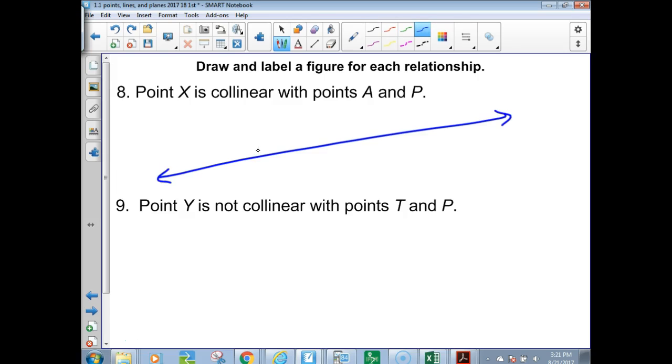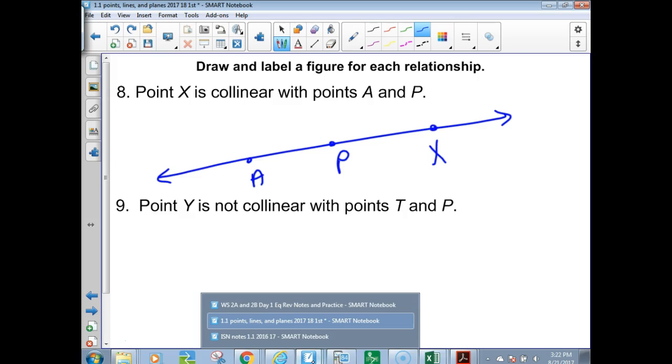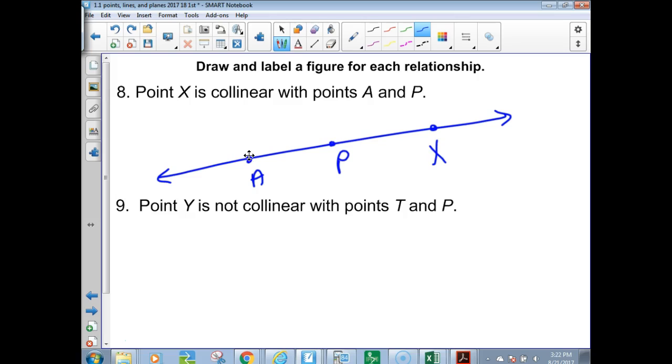I just need my A and my P, and I need an X. They all have to be on the same line. Now I've got 9, so I'm just doing it quick. It doesn't have to be fancy.